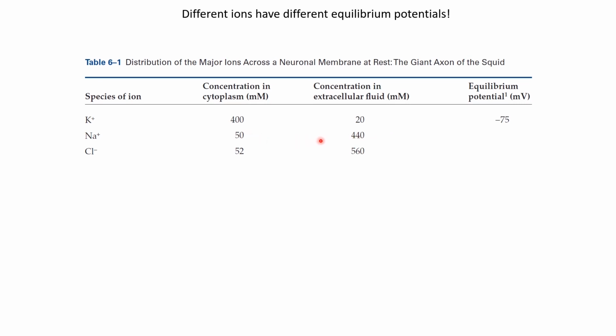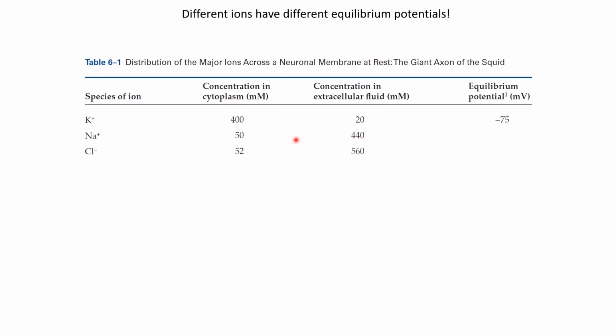But even before doing that, we can figure out whether the equilibrium potential would be a positive or a negative value. For potassium, we already know that with this ratio, the value is negative. And since here the ratio is reversed, this will be a positive value.